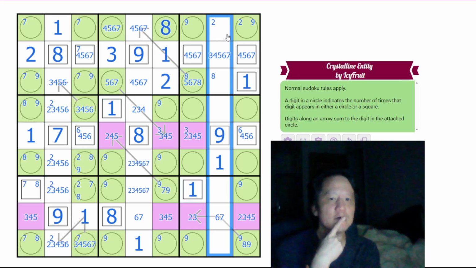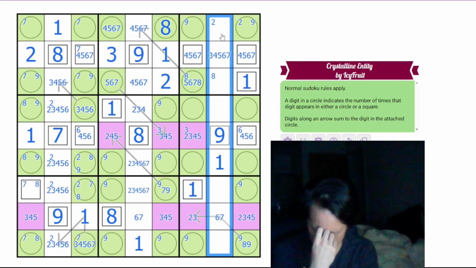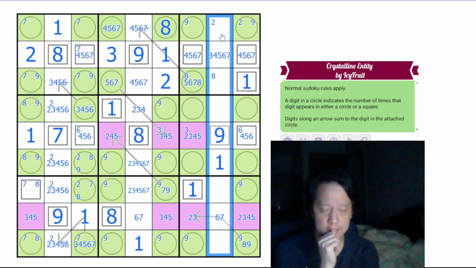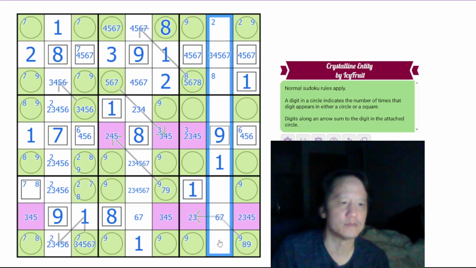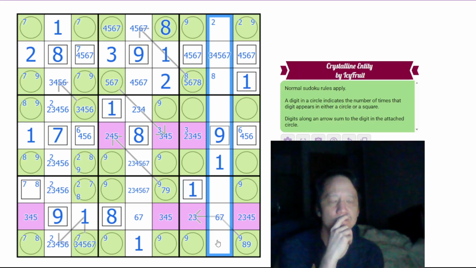Okay, 38 circles and squares in 6 columns. Not counting columns 2, 5, and 8. How many spaces do we need in those 6 columns?